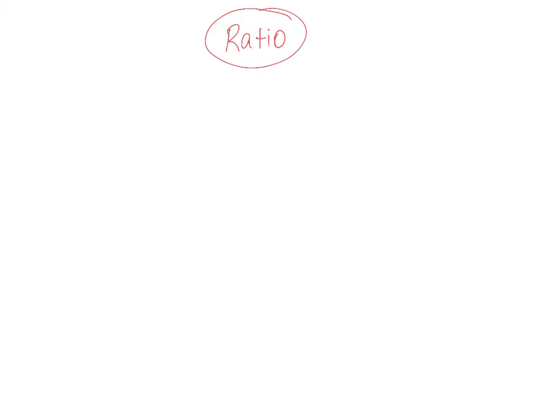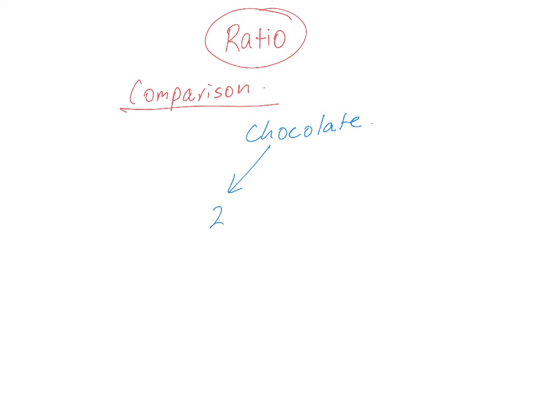So, a simple way to define ratio, like in layman's verbiage, it's a comparison, right? Like, for example, if we were distributing chocolate, and let's say one student got two and the other guy got four.